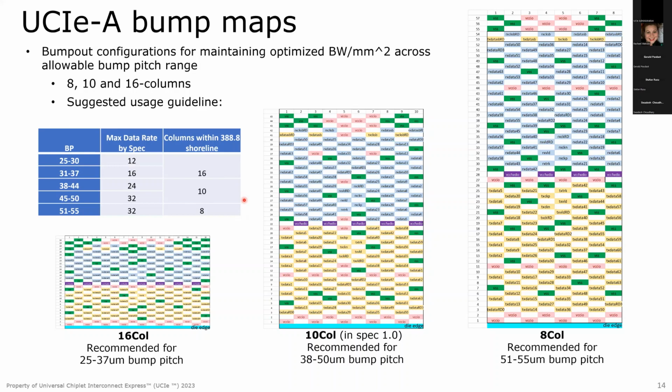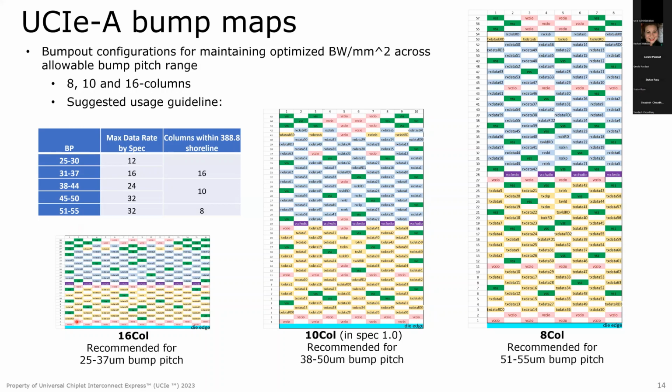So for example, in this region here, 38 to 50 micron bump pitch, we recommend a 10-column configuration for the bump map here. And as you go smaller in bump pitch, in order to really take into account that full X and Y critical dimension shrink or reduction in bump pitch, what you want to do is take both X and Y reduction.